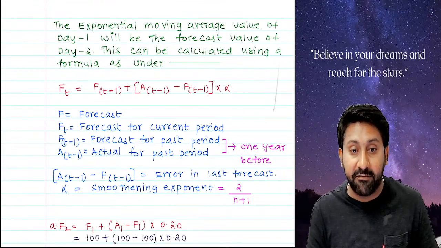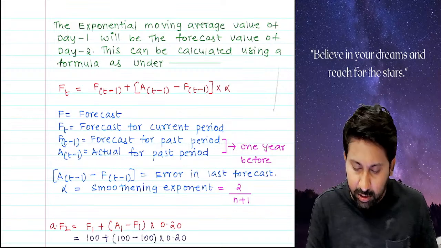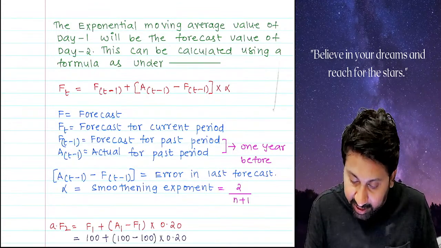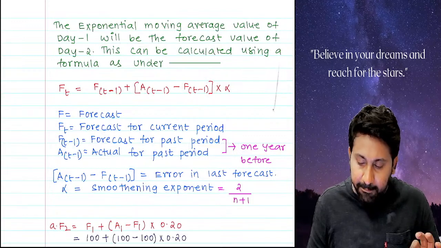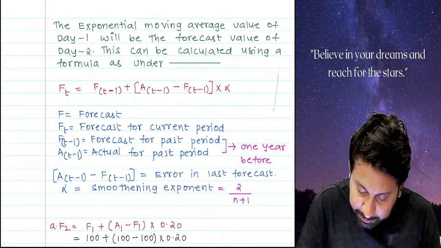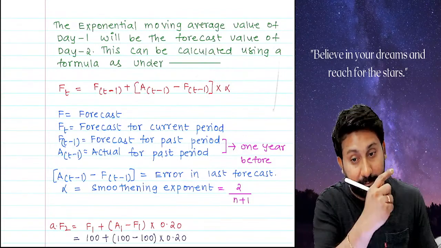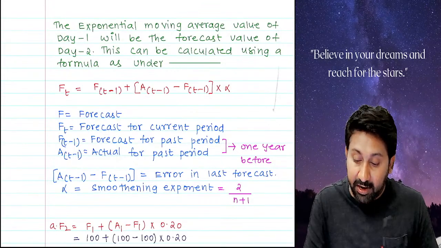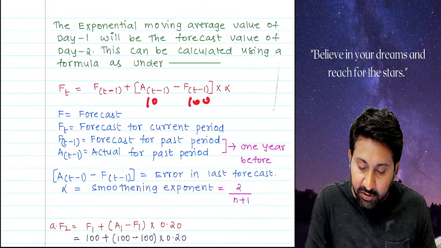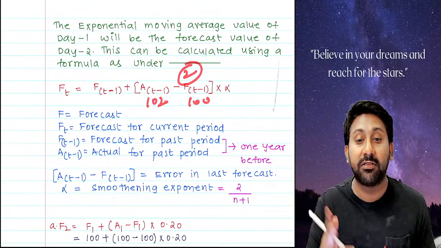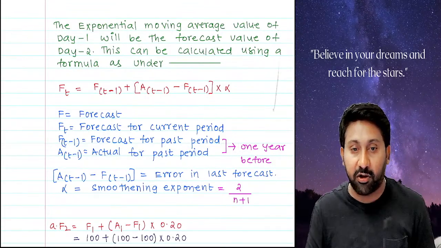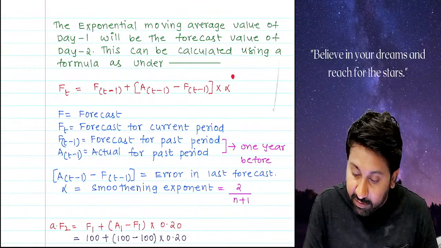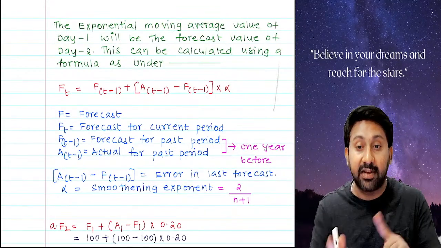F(t-1) means the forecasted price of the previous day, the past period, and A(t-1) is the actual price for the previous day, next minus the forecasted price. Simply to tell, I forecasted this for the previous day, and actually this happened. My forecast is 100, my actual is 102, there is a 2 rupee difference, that we call an error. That error will not be directly added, it will be multiplied with an alpha component and then added.